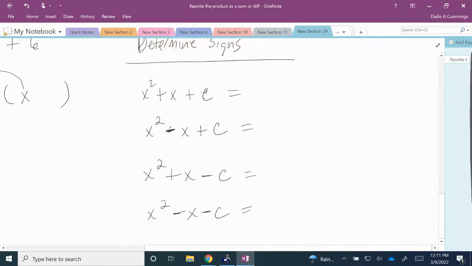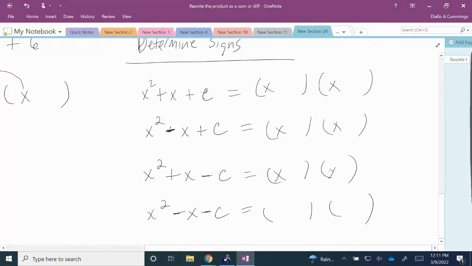Basically these would be your setups, with all the different possible combinations, and this is how you determine your signs. For each one of these you're going to have x, because when you multiply the first terms, you must get the first term in your polynomial.